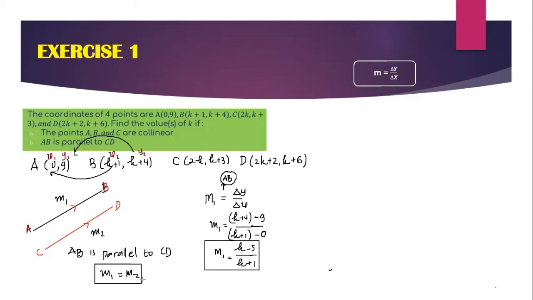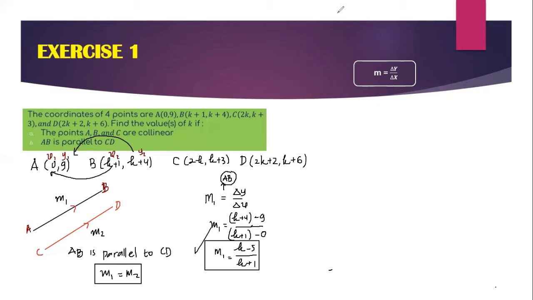So M1 equals M2. Students, we already got M1, right? This is M1 for AB. Line AB will be parallel to line CD. Now our job is to find the gradient of CD.